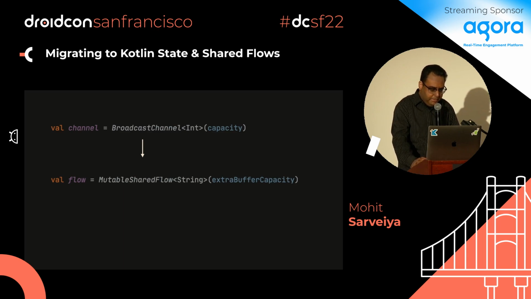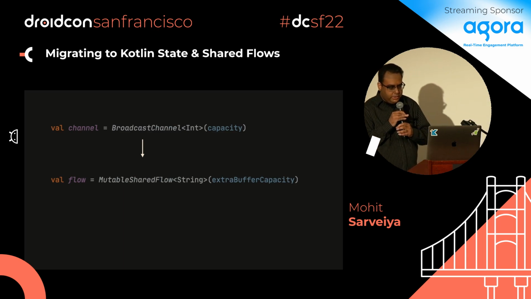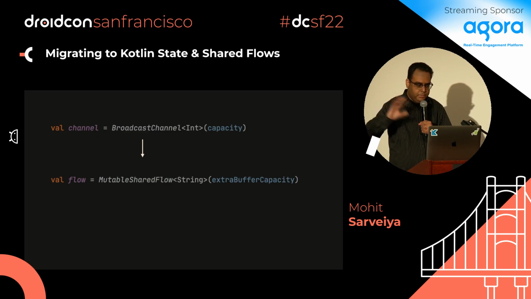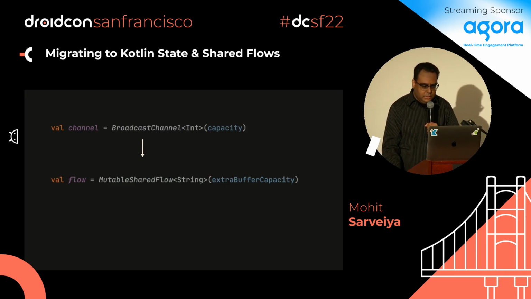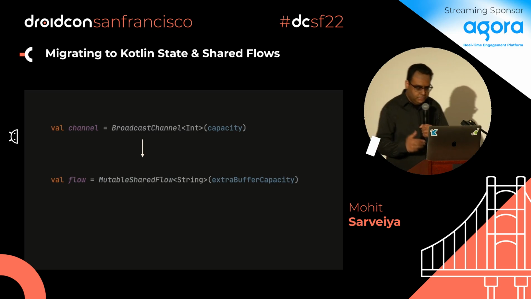The way you map one to the other is that suppose you had a broadcast channel somewhere in your code, and you specified a capacity to it. This maps to a mutable shared flow, and that capacity maps to an extra buffer capacity. So this would be the mapping from one to another.